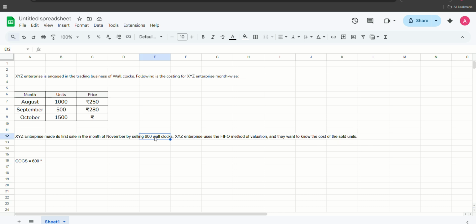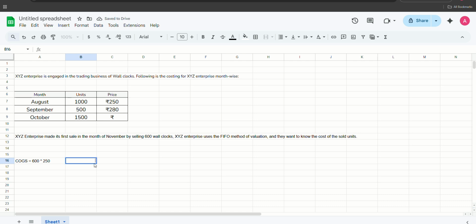So selling 600 units, the cost of sold units is going to be 600 into 250.